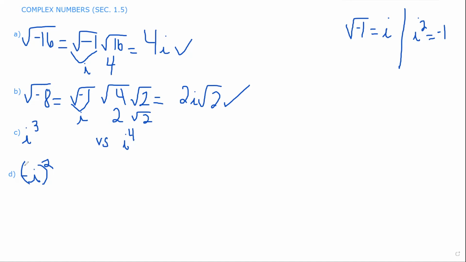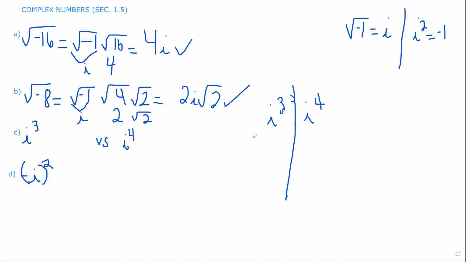But now let's go further and evaluate what it means by i cubed versus i to the fourth. So let's do that breakdown, okay? With i cubed, here's what we're simply stating.